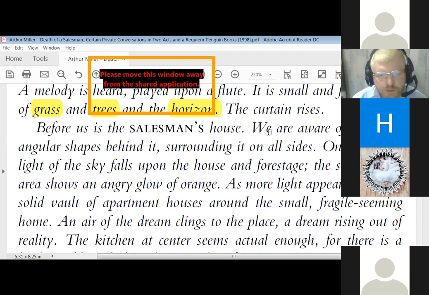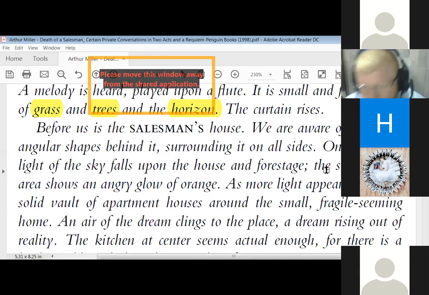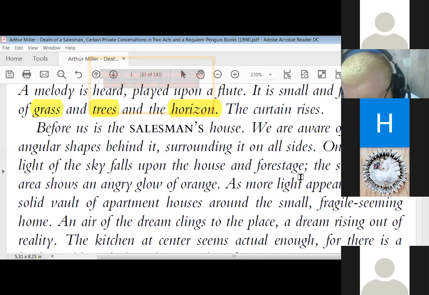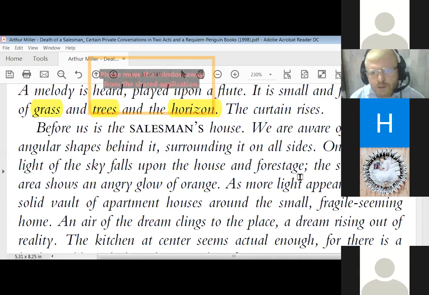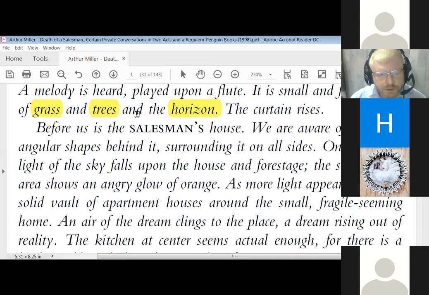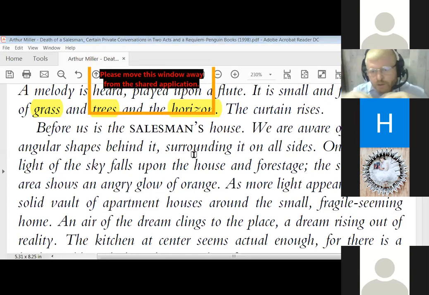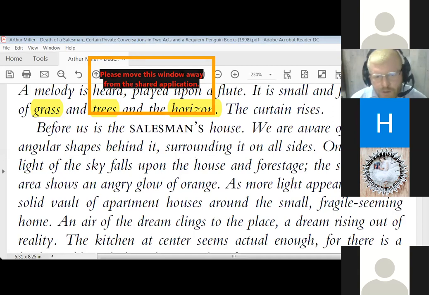So we start with the house of the salesman, Willy Loman, and we see that the house is situated among some high buildings, and we have the word towering. These buildings are kind of towering over the house, and the house is just a small entity among these buildings. And this is also significant, and we will return to it later.